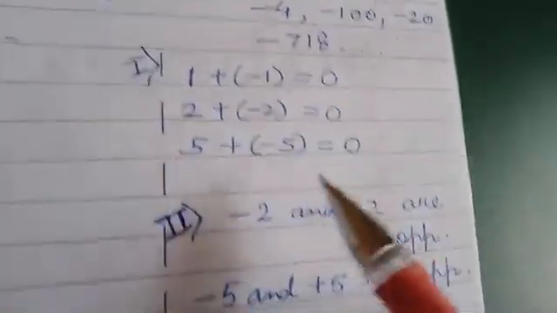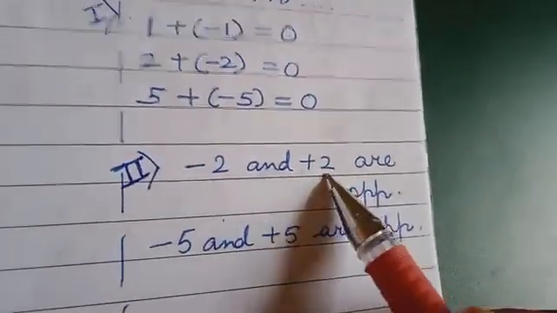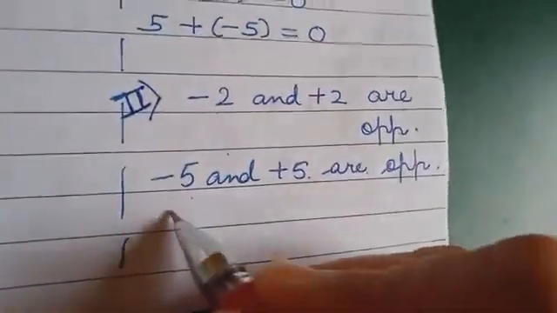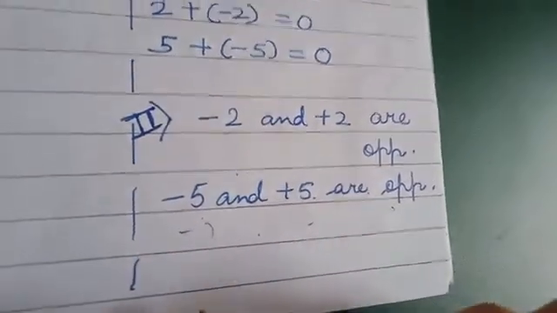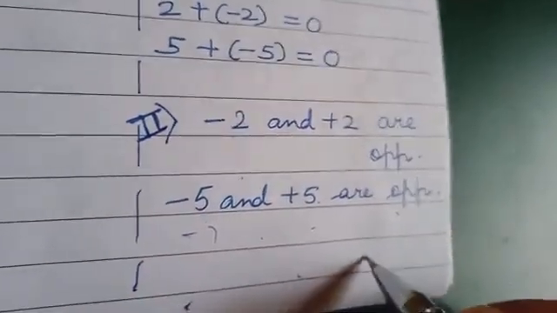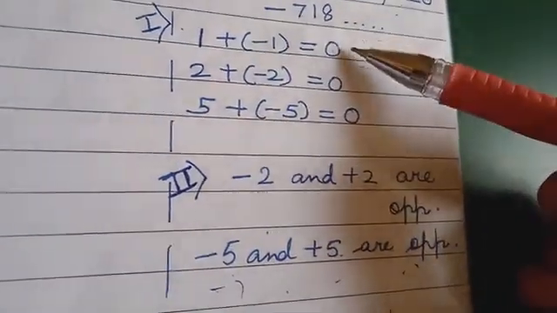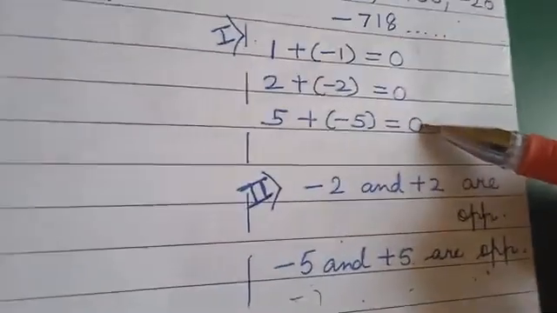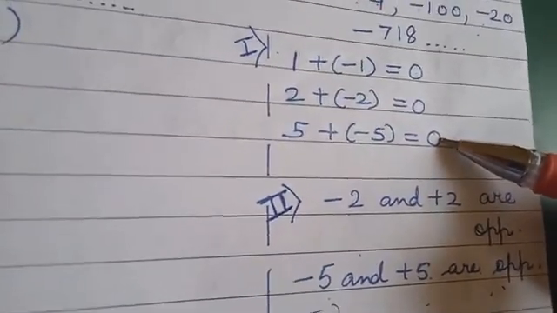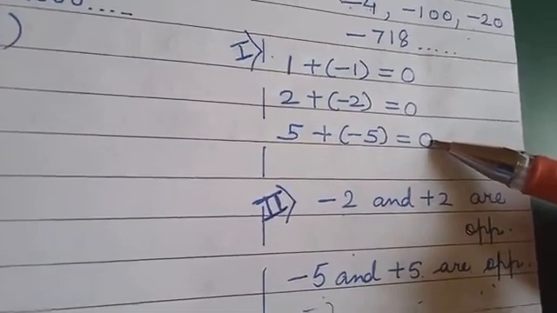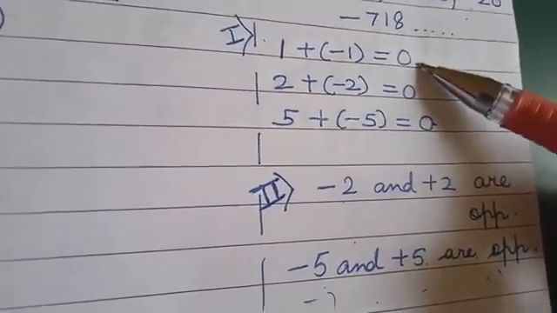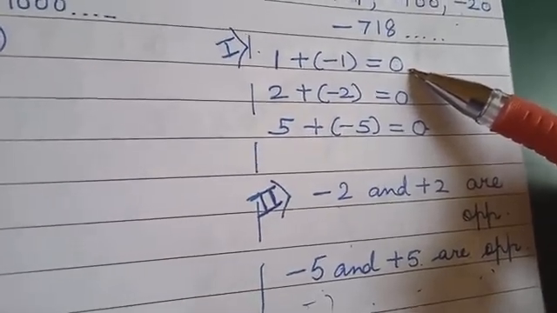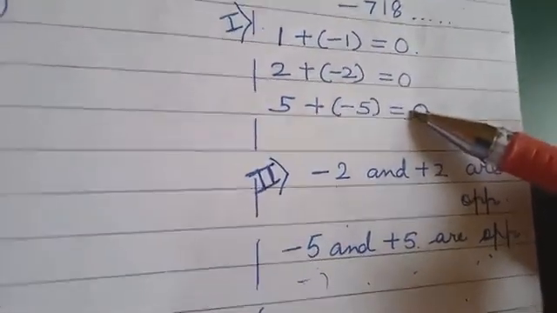Similarly, minus 2 and plus 2 are opposite. Minus 5 and plus 5 are opposite. Minus 7 and plus 7 are opposite. Minus 100 and plus 100 are opposite. If you add them, the result will be 0. Are you understanding? So any two opposite integers, if you add them, the result will be 0.